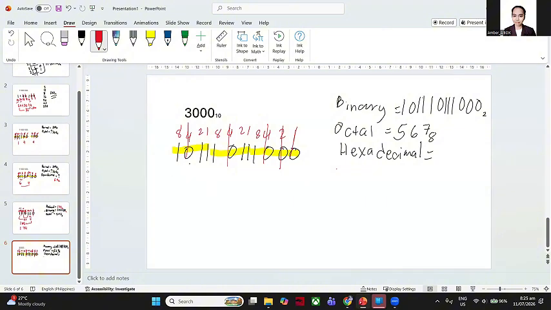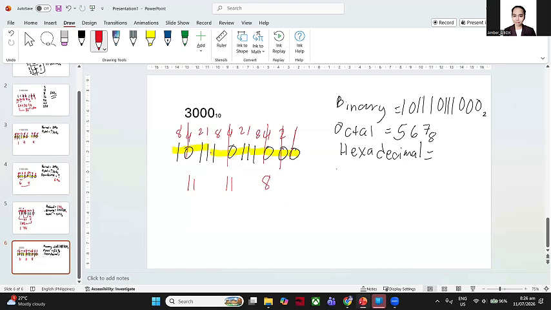So 8 plus 2 plus 1. So 11. So now our second group, same 11 and then 8. So now we have our 11 here for our first and second group.